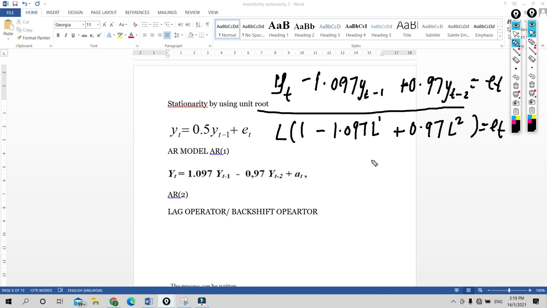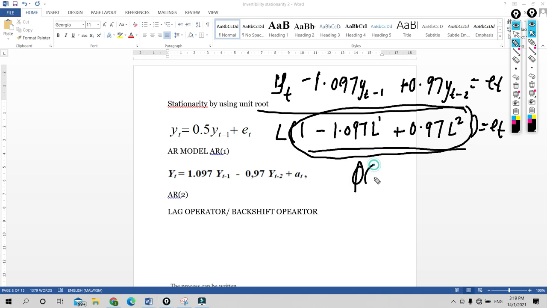Okay. So to find the unit roots, you need to find the value of L here, the roots of L. So you can apply a formula. Let's say I put here theta L is equal to epsilon t.